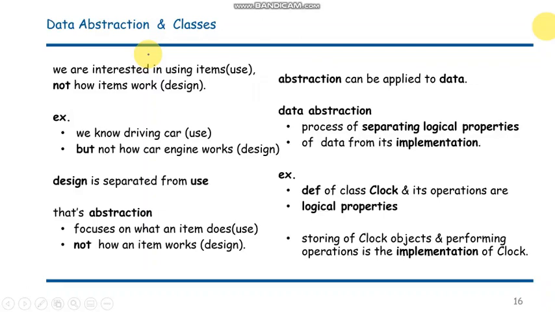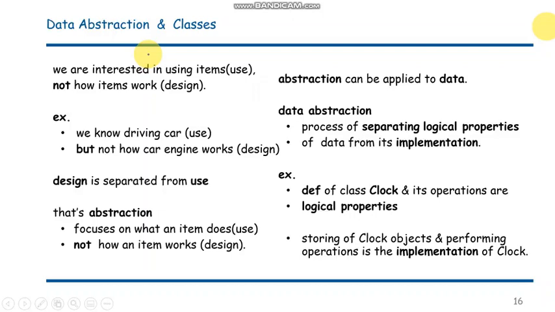So, this concept where we are separating use from design, we also see it when it comes to cars. Driving a car, we know how to use a car, but we do not worry ourselves about how the car engine works.